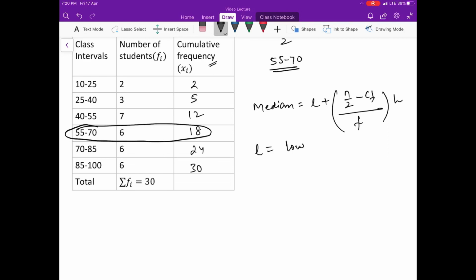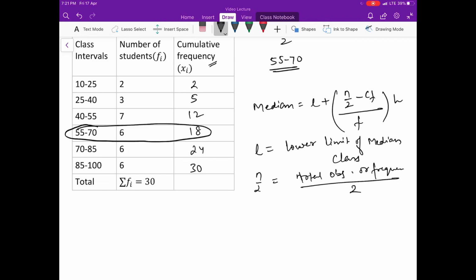L is the lower limit of the median class. n by 2 is the total number of observations, or total frequency, divided by 2.